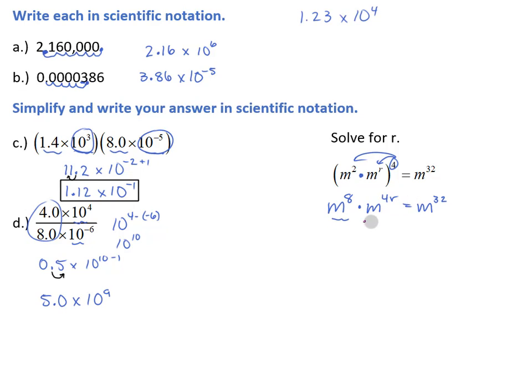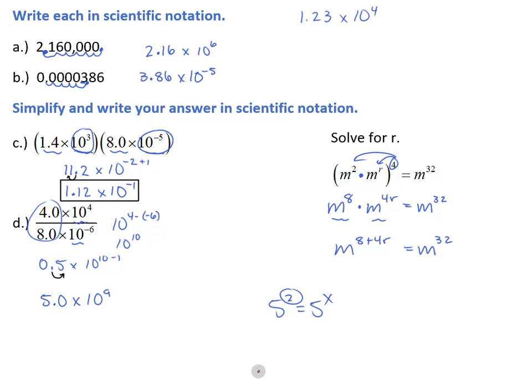And hey, I notice we're multiplying things with the same base. We can add our exponents and keep the base. And now we're going to use this idea that if I gave you 5 to the second power equals 5 to the x power, well, I hope you know that if the bases are the same, for these two things to be equal, x is going to have to equal 2.